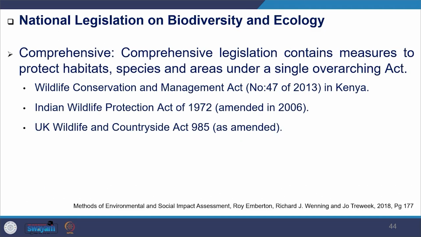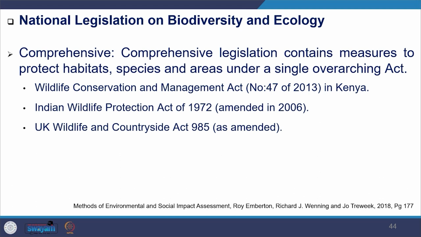National legislation either enacts multilateral agreements or provides dedicated legislation on biodiversity. So the national legislation can enact whatever agreement has happened, or they can have their own legislation on biodiversity.